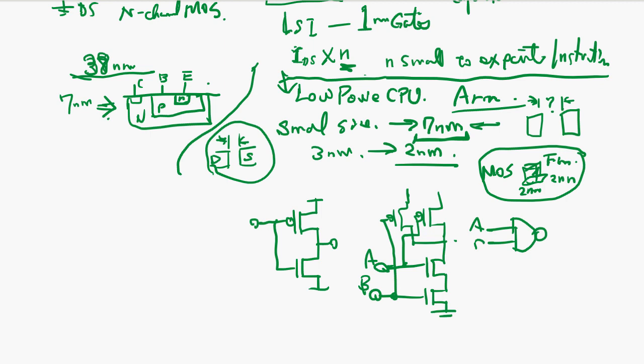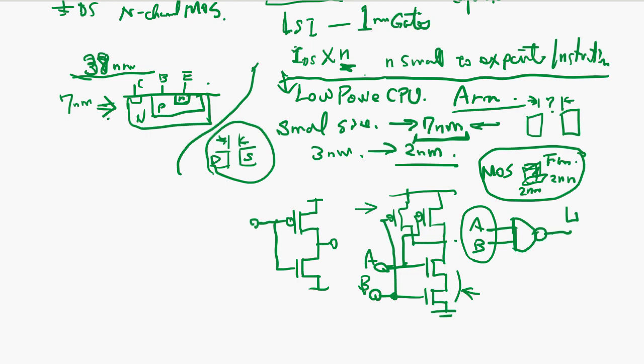So in order to switch this gate to get the output low, both A and B have to be high. I mean, this guy is off and this guy will be on. Okay, so that's the way.